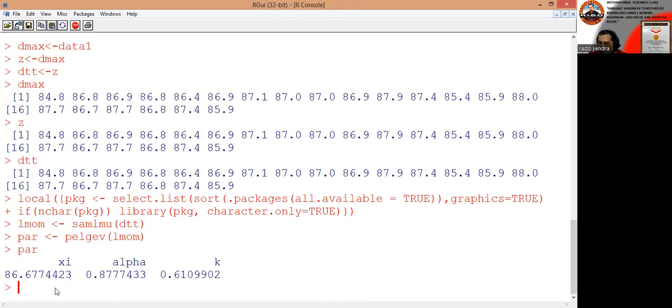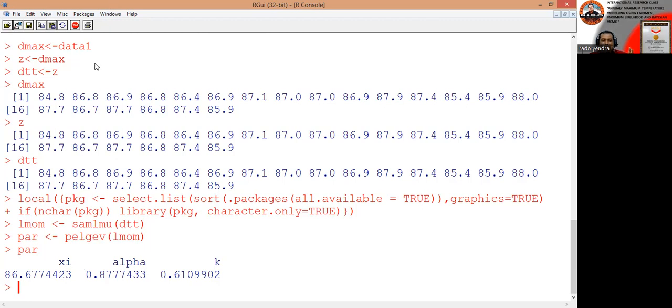So if you type the par, the program or the pelgev of lmom will give you the 3 parameters for the GEV distribution. There is the xi parameter, alpha parameter, and kappa parameter. After we succeed to estimate the parameter, we need to take the parameters one by one.